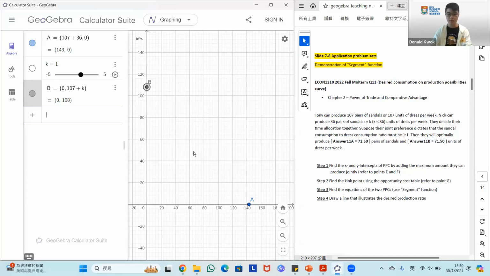Step 2, find the kink point of the joint PPC, which is also the point of complete specialization. At this kink point, Nick will be producing 36 scandals, and Tony will be producing 107 units of dresses. So (36, 107) will be the kink point.